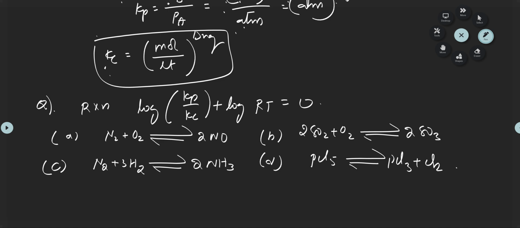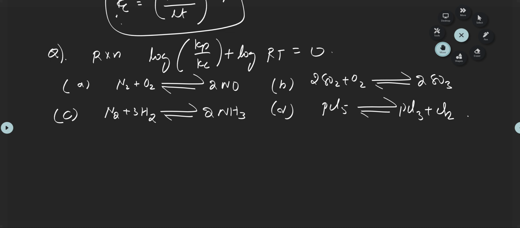How can you do this question? We need this equation. From this one you can write the given equation. Otherwise, you can find each equation's Kp Kc relation and take the log on both sides. Then you will get this one, or you can check.